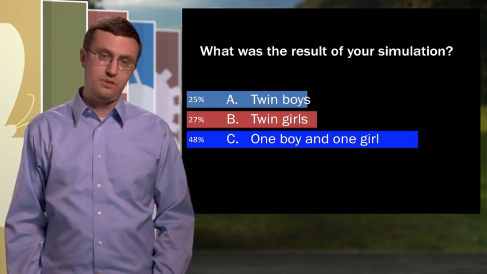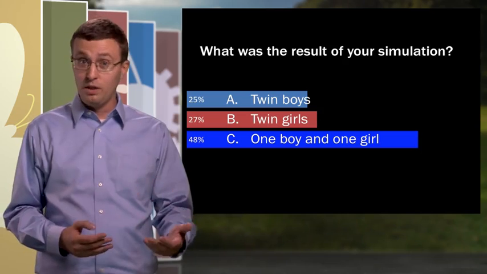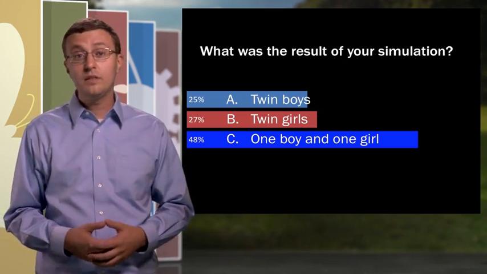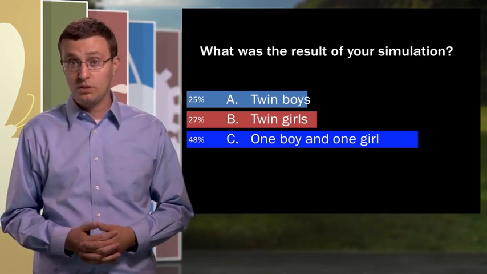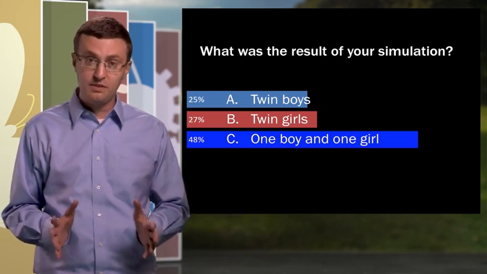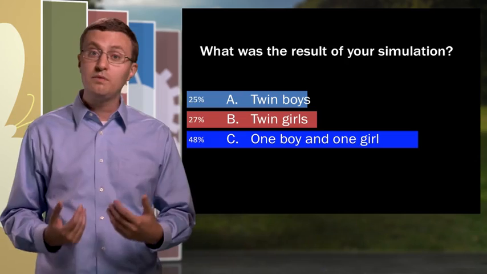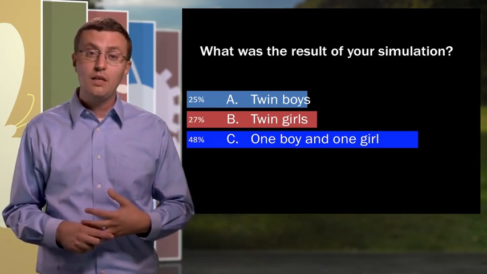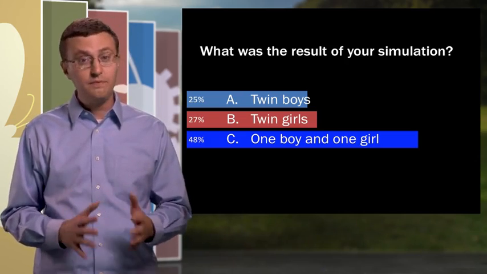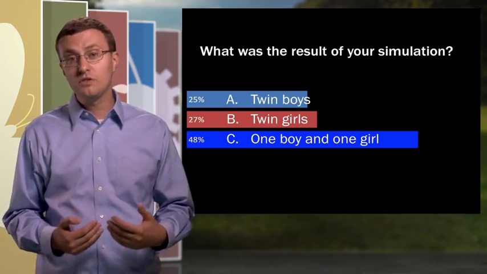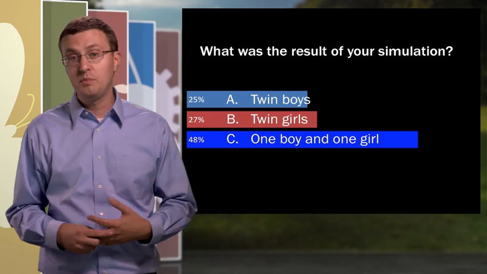You can think of the problem this way. There's a twin 1, who is either a boy or a girl, and then there's a twin 2, also either a boy or a girl. Let's assume, since this is a math class, and we often make simplifying assumptions in math classes, that we are only considering two sexes, male and female, and that each of them occurs in the population with equal probability.